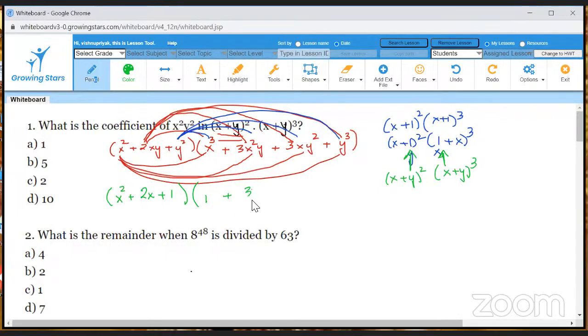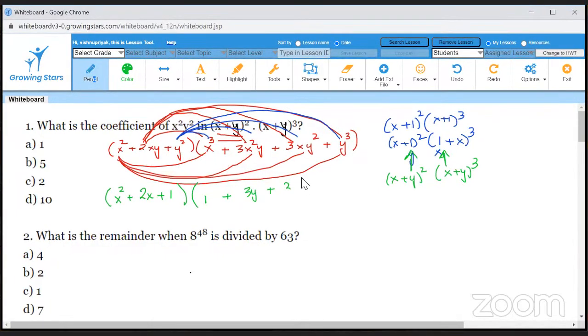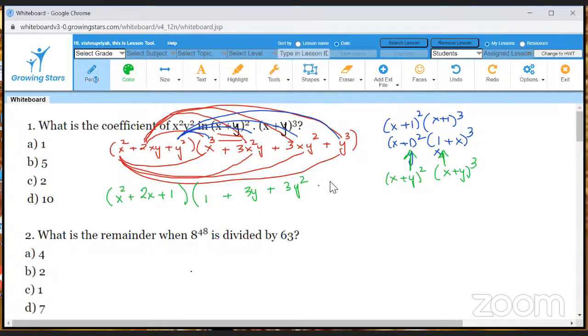So you will have 3y plus 3y square plus y cube. This is what you will have. And so the x square, y square coefficient will be 1.